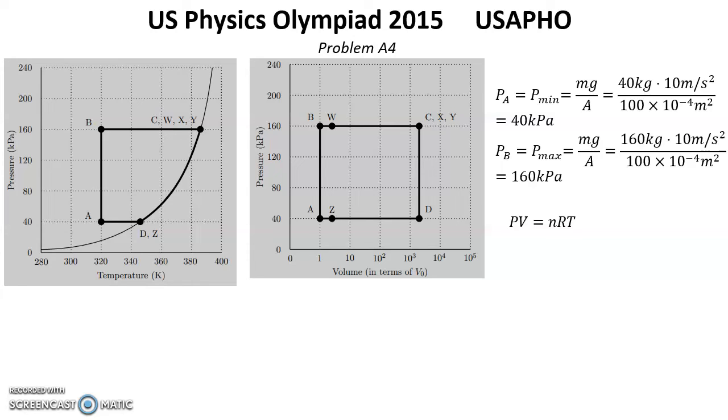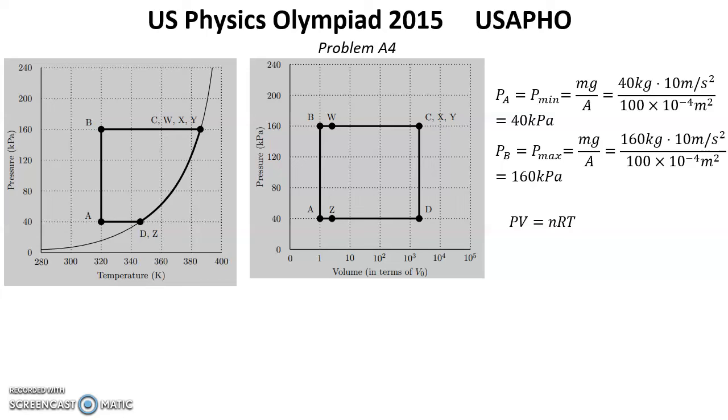The next process, C to D, is constant volume, but not isothermal. On the PT graph we follow coexistence to the minimum pressure, at which time the piston is freed and allowed to lower at constant pressure.